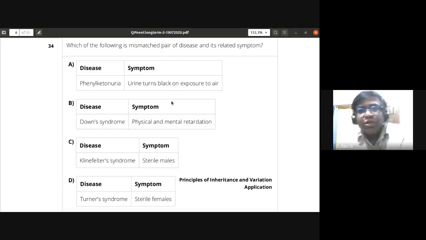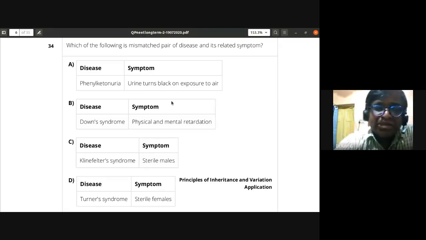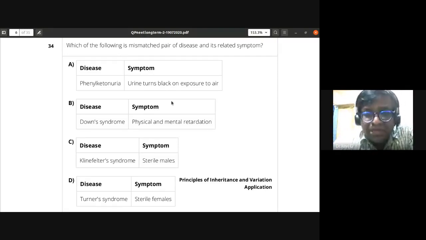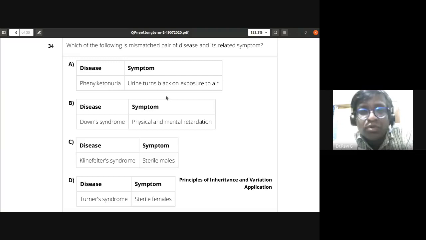So phenylketonuria, urine turns black on exposure to air is a wrong answer. Down syndrome, there are some physical deformities. Mental retardation is also there. So B, C, and D are correct answers. A is the mismatch. Phenylketonuria, urine turns black on exposure to air is the mismatch pair of disease.